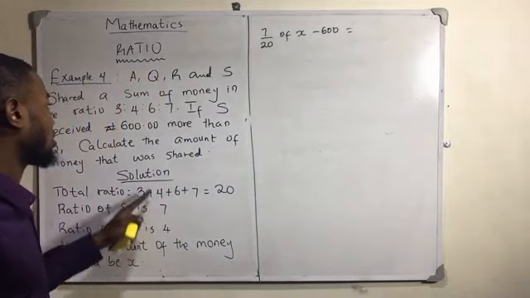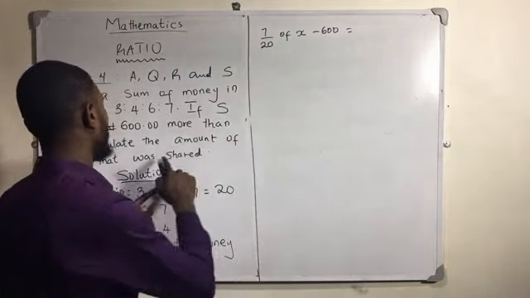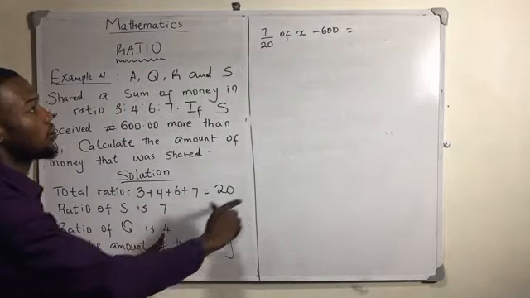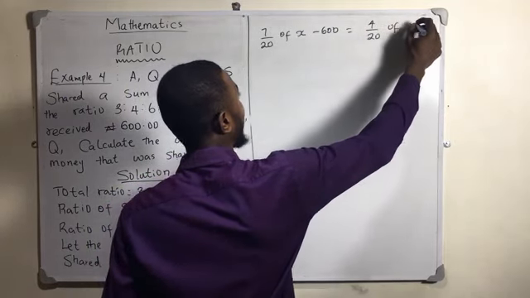I'm taking away the 600 because we are told that S is more than Q, equal to, then for the second one, which is Q, I'm having 4 over 20 of X.